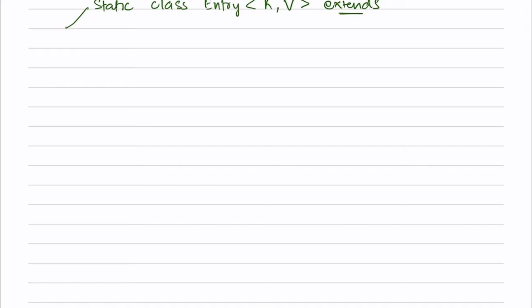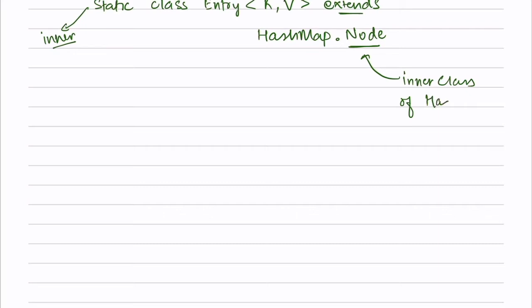This is an inner class, and as you have guessed by now, it extends HashMap.Node. So Node is the inner class of HashMap, right? Here they are extending it, so all the properties of the Node class will come into this.